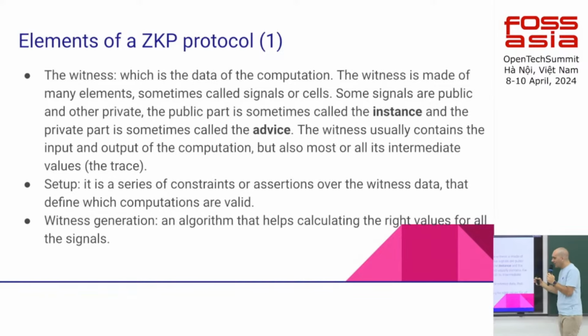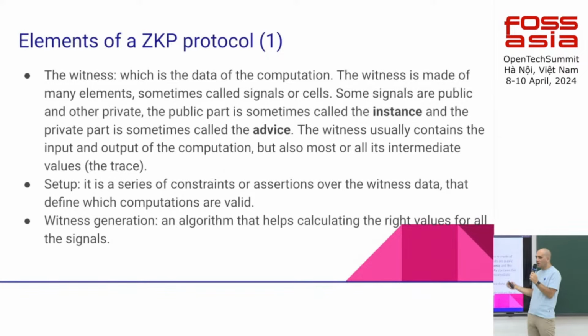Then there is the setup, or the circuit, or the arithmetization. We can call it by different names, but from a higher-level point of view, from an application-building point of view, it is a series of constraints, of assertions on the witness.